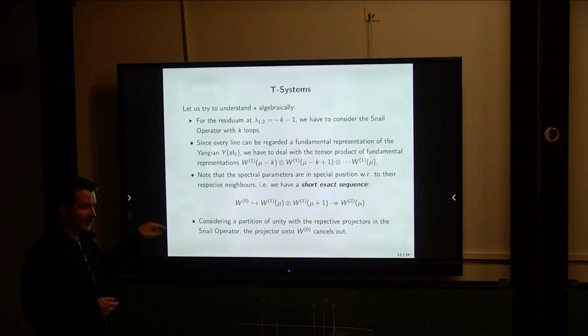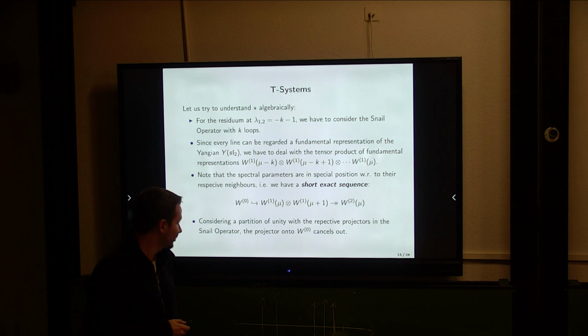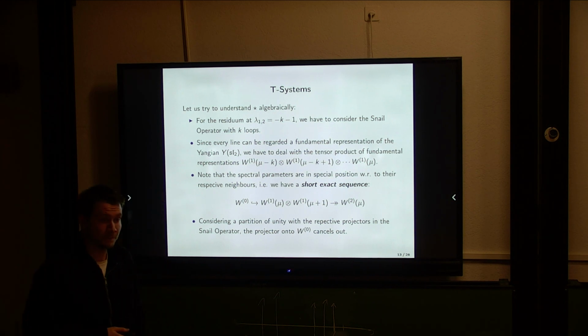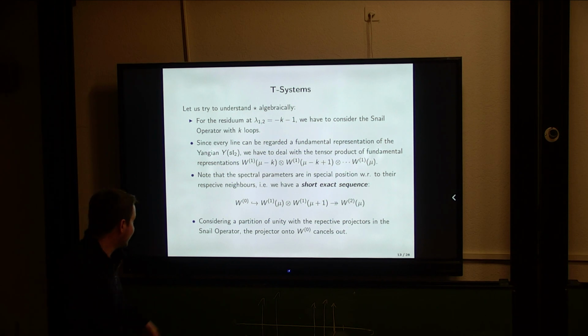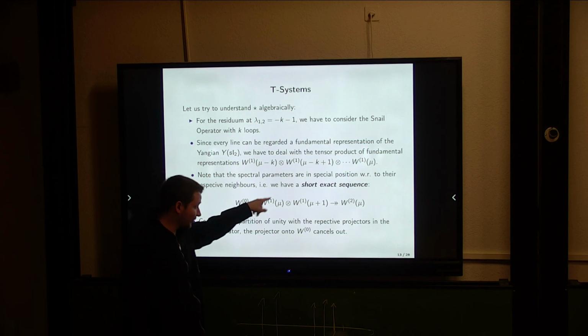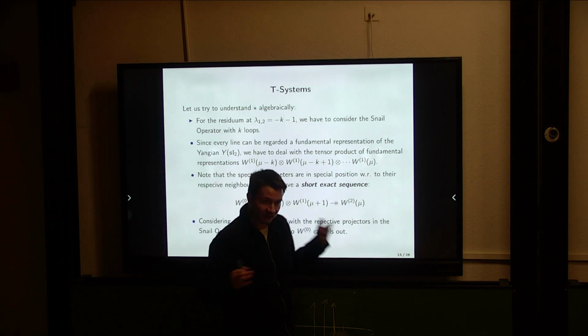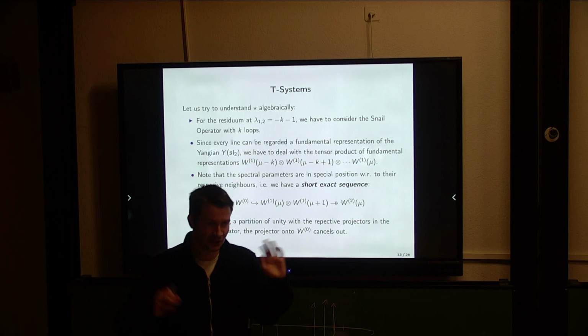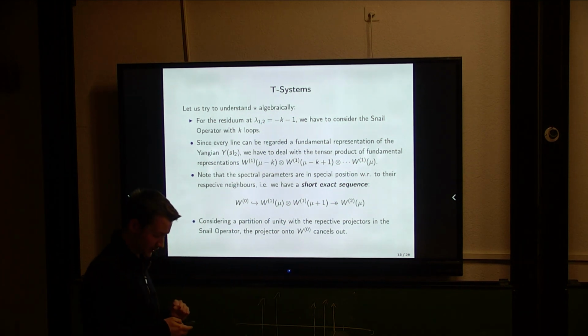And what happens is that the projector onto the trivial module, W0, cancels out. What are those superscripts? The Kirillov-Reshetikhin module index: WK, W0, W1 is spin 1/2, W2 is spin 2/2, and so on. Ah, okay, so it's the Kirillov-Reshetikhin module index.